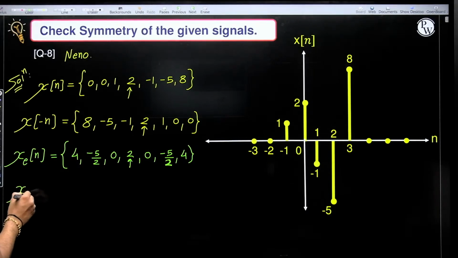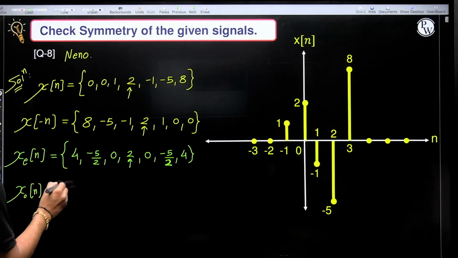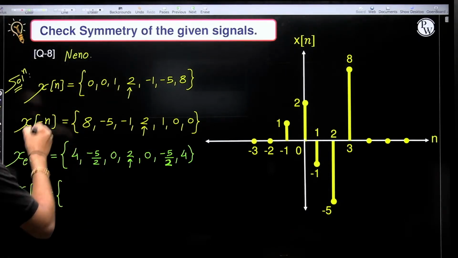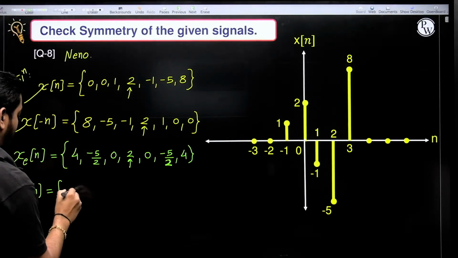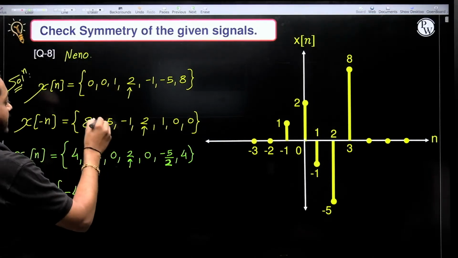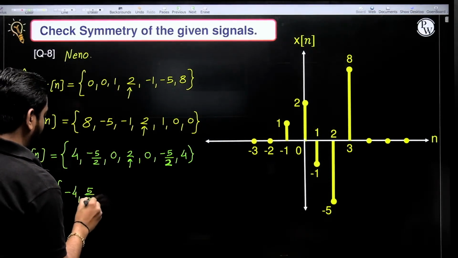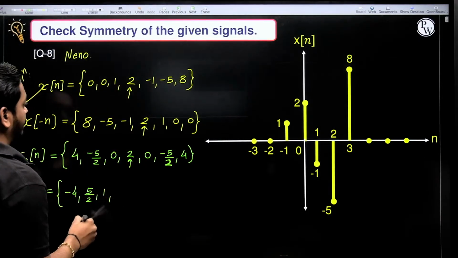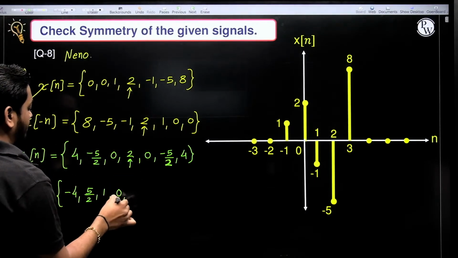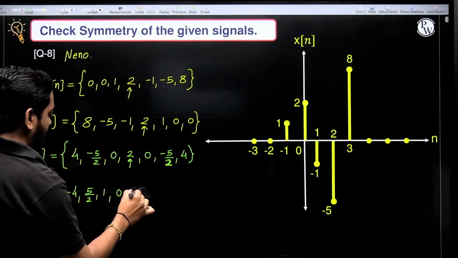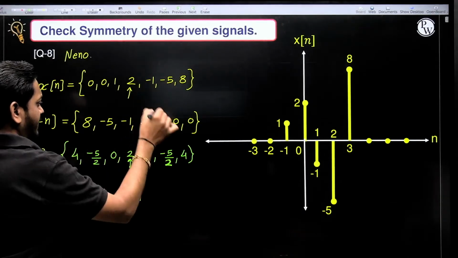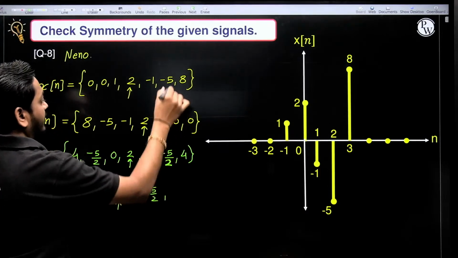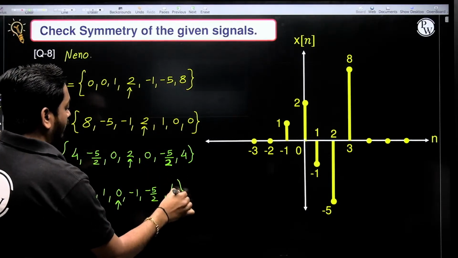How to calculate odd part? Odd part is given by x of n minus x of minus n divided by 2. So 0 minus 8 divided by 2, that is minus 4. 0 minus 5 divided by 2, that is 5 by 2. Then next 1 minus 1 divided by 2, that is 1. 2 minus 2 divided by 2, that is 0. Minus 1 divided by 2, that is minus 1. Minus 5 minus 0 divided by 2, minus 5 by 2. 8 minus 0 divided by 2, that is 4.